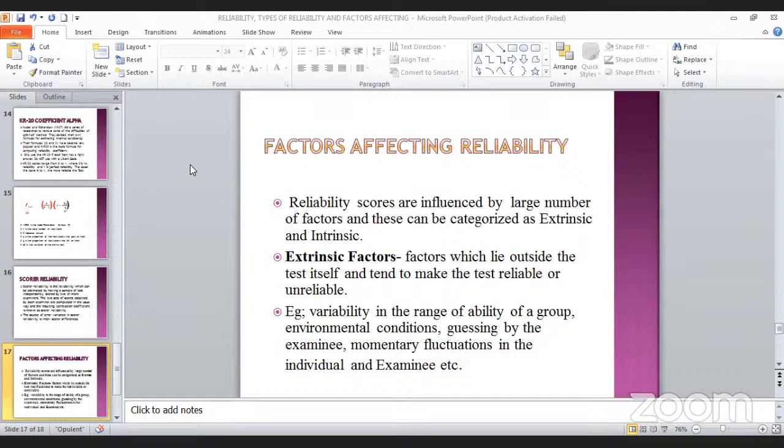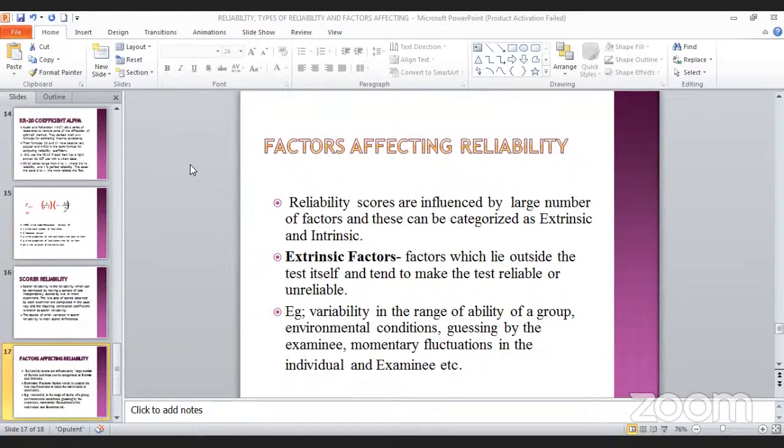Ma'am, it is related to homogeneity and heterogeneity, as I have understood. Sir, about the variability, group variability and extrinsic factors.